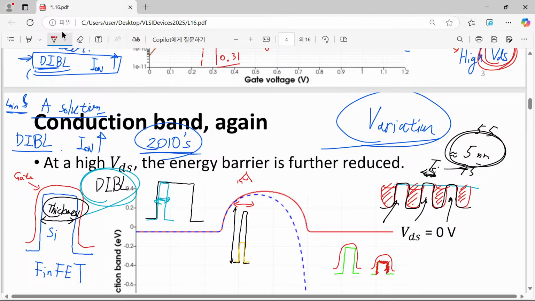It's not that long, but in this case, the effective length becomes this length, this length, and this length. Which one is effectively wider? Of course, this one is much wider than this short fin. However, the areal consumption is the same.